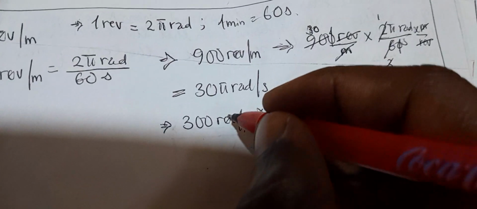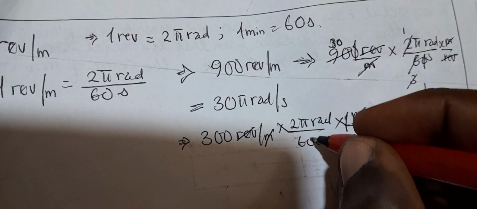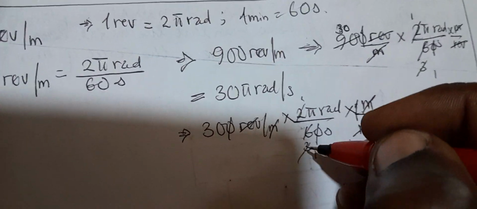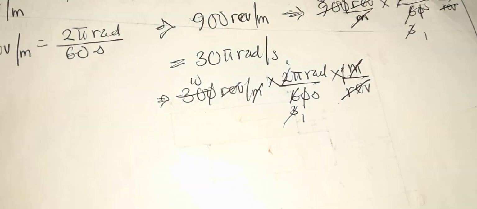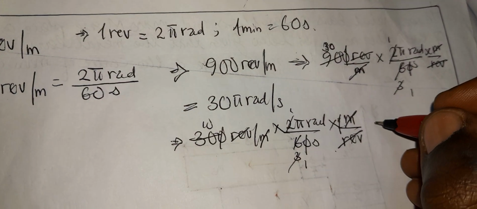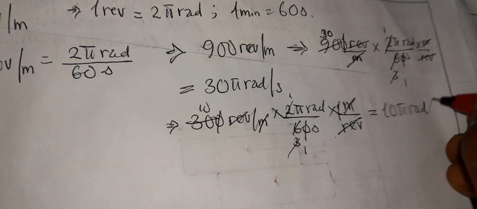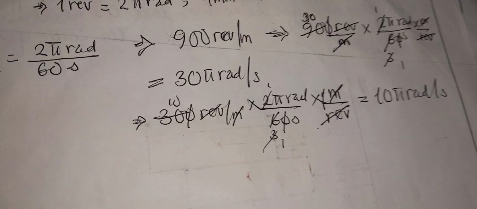Minutes will cancel minutes, revolutions will cancel revolutions, and 0 will cancel 0, 2 here 1, 2 here 3, 3 here 1, 3 to this 10. So everything here will be 10 pi rad per second.